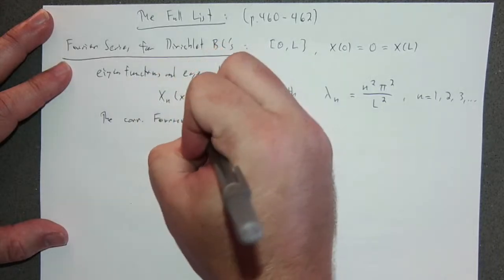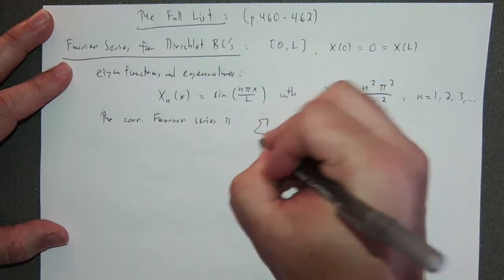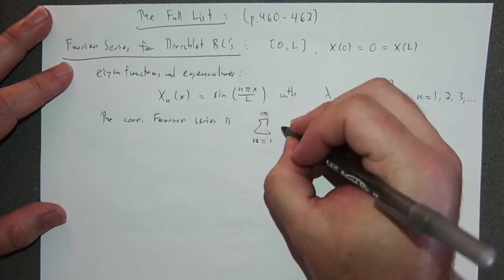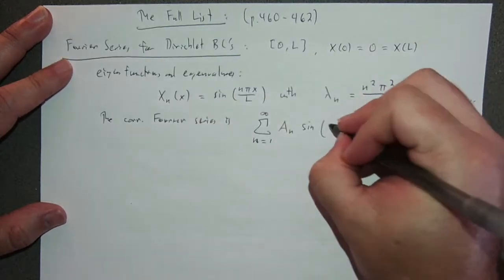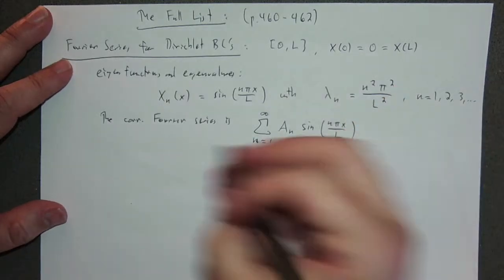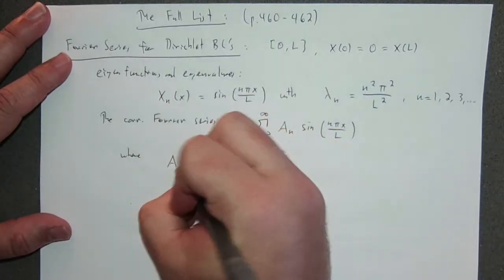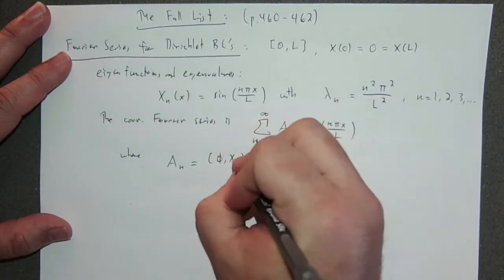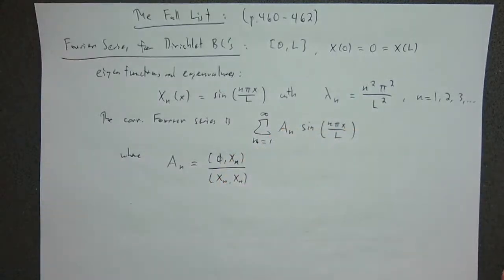The corresponding Fourier series is the sum from n equals 1 to infinity of a sub n times the eigenfunction sine n pi x over L, where a sub n is defined by our formula: the inner product of phi with x sub n over the inner product of x sub n with itself.